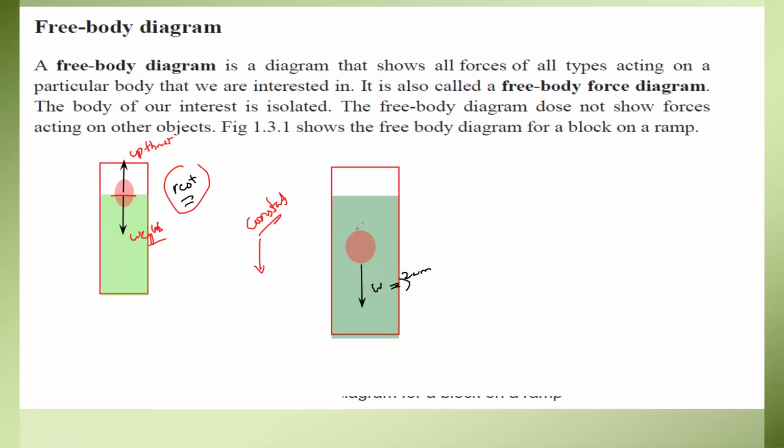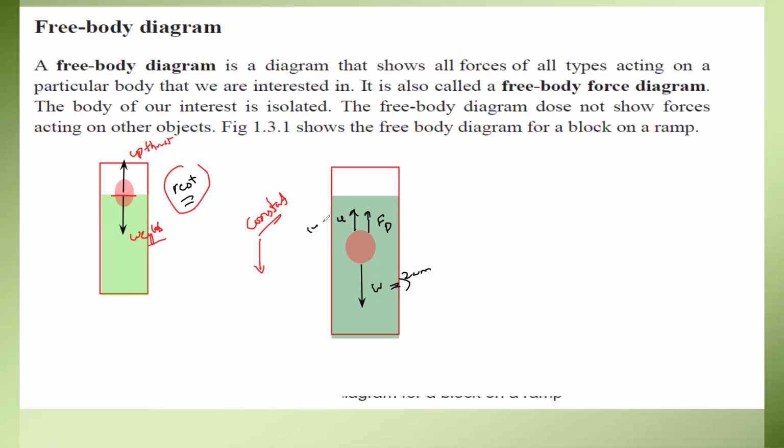The two upward arrows I will draw: one is the upthrust, 1 centimeter, and another one is a drag force or viscous drag. The drag force is the force of the liquid opposing the motion. Liquids and gases have a tendency to oppose motion, and we call that a drag force or viscous drag.